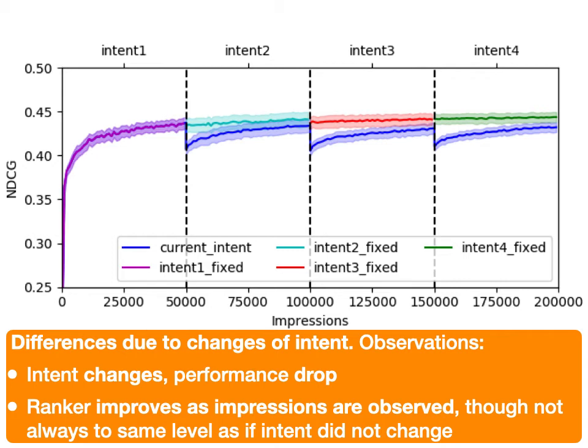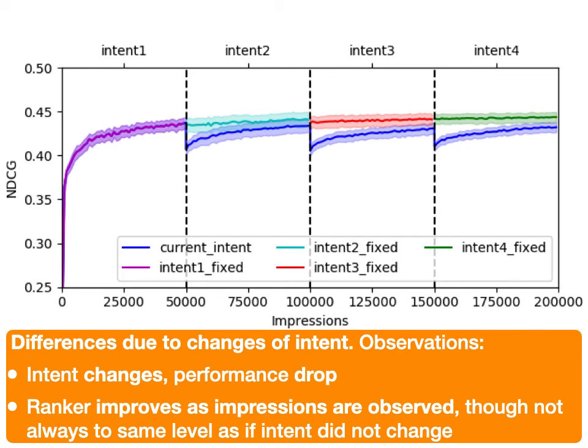So that's the gap between the blue line and the aqua line, the gap between the blue line and the red line, and the gap between the blue line and the green line. And as you see, the ranker that is trained with the intent that is current will drop in terms of performance, right? And so what we see here is that when an intent changes, the ranker drops in performance.